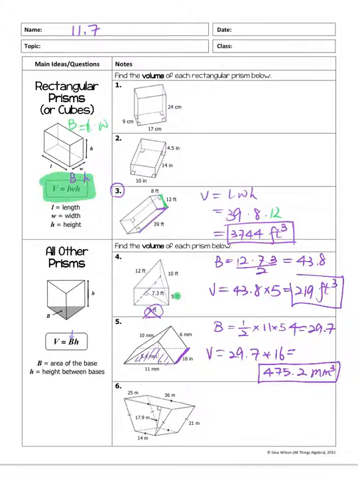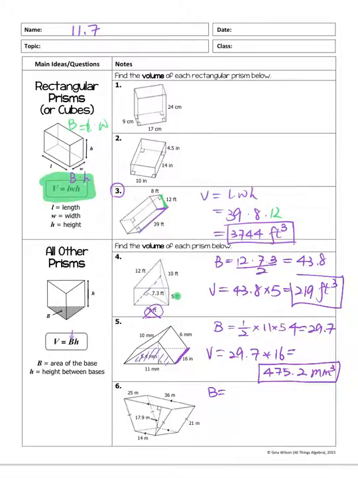Okay. So the 6th one is a little bit more challenging only because it's a trapezoid prism that we don't deal with very often. So we first have to, again, calculate the base.